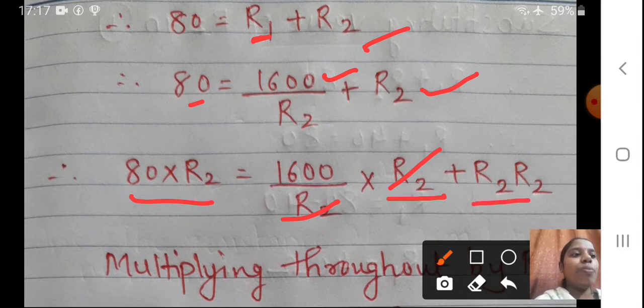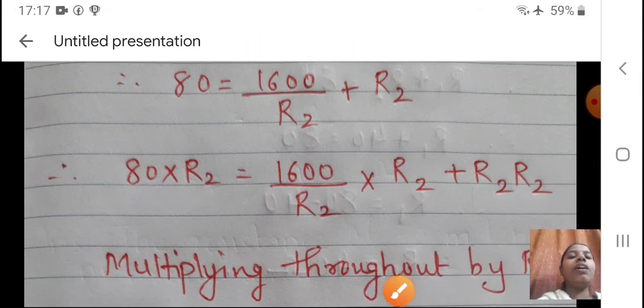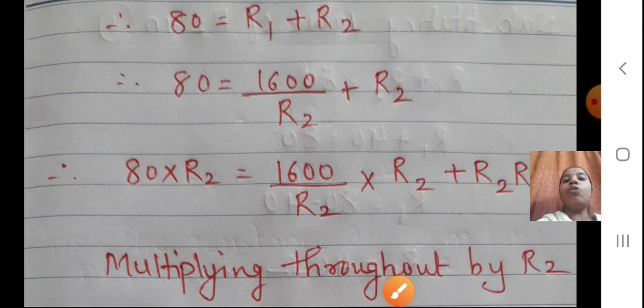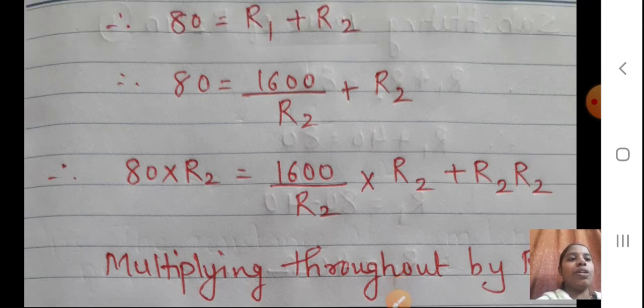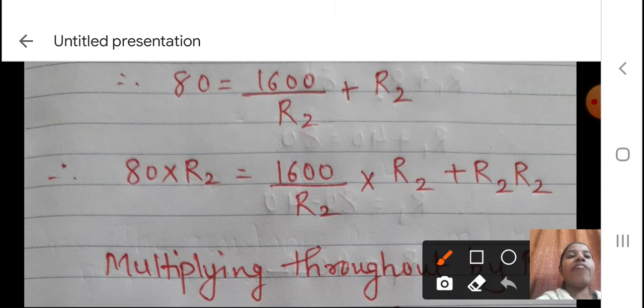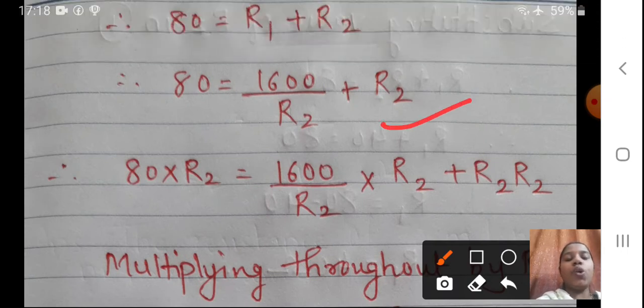Because they are in multiplication with each other, here it is nothing but a multiply sign. I hope till here it is clear. That means I am multiplying throughout by R2 to this equation.